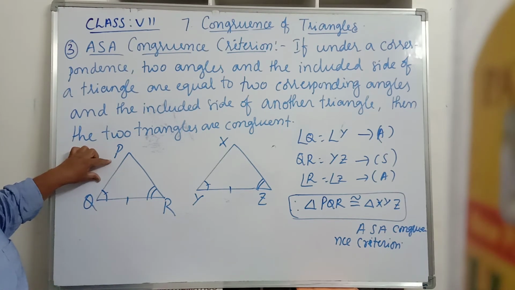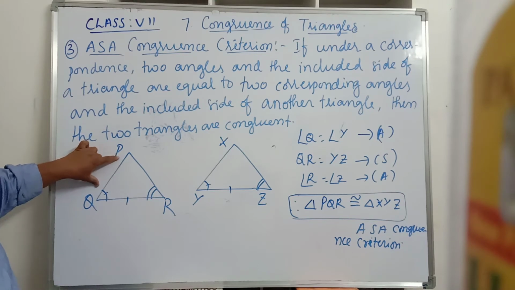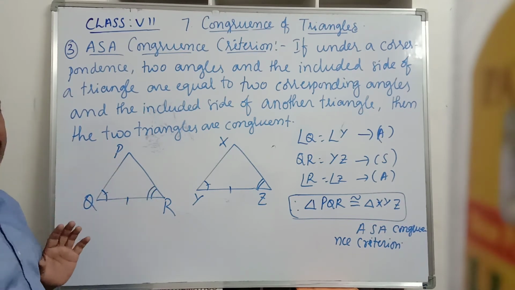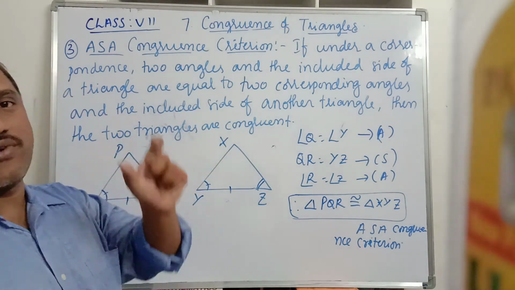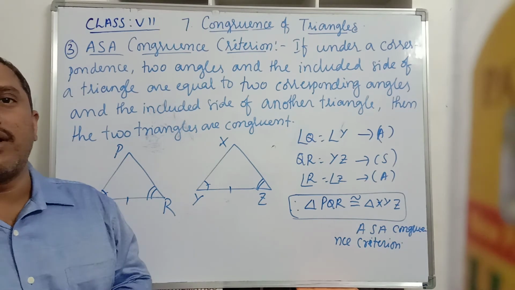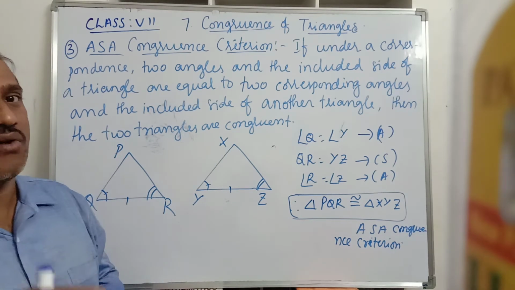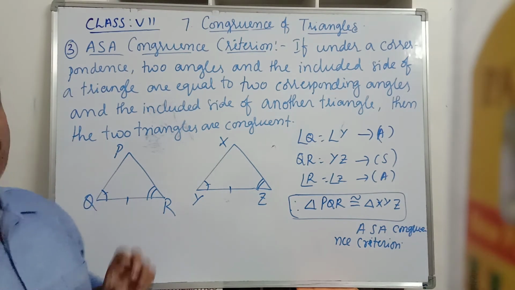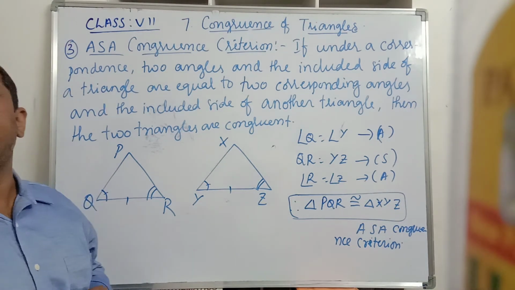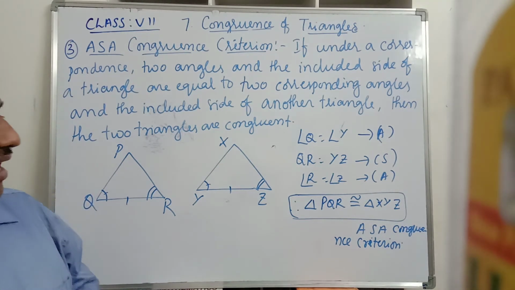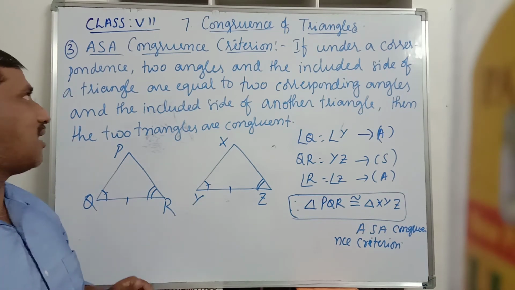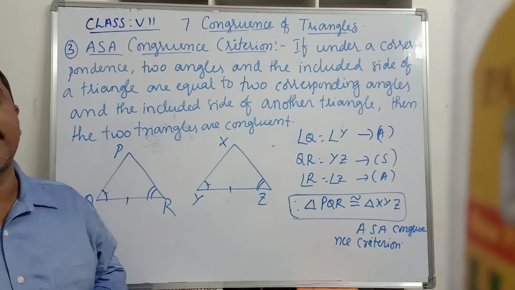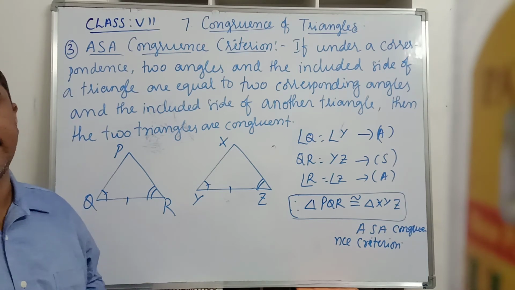Sometimes in problems we may find PQ is the included side, or sometimes we may find PR is the included side. If two angles and the included side of a triangle are equal to two corresponding angles and their included side of another triangle, then we can say that the two triangles are congruent triangles. So this is about ASA congruency criterion.